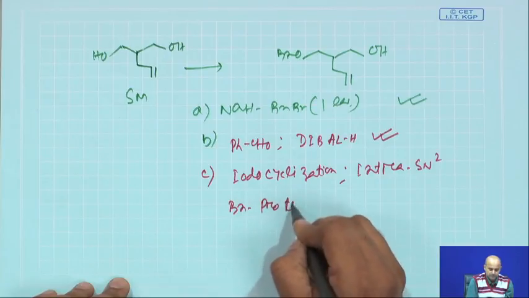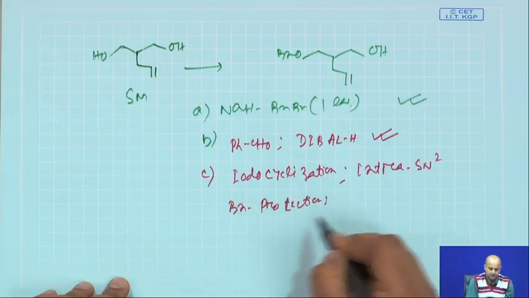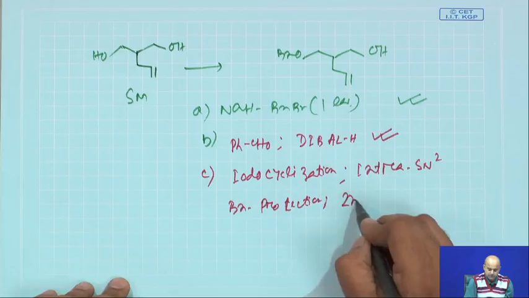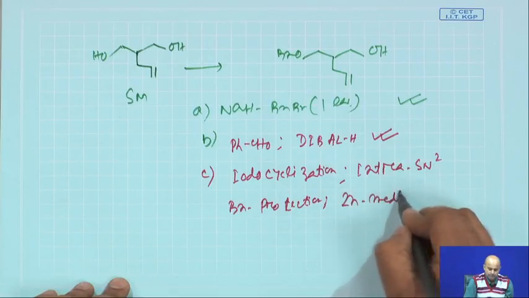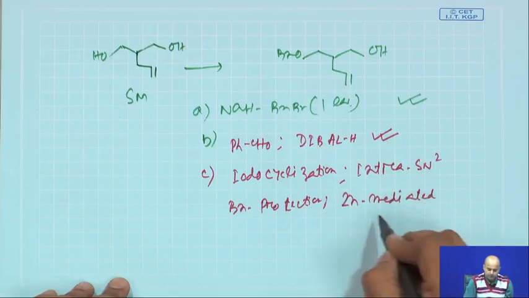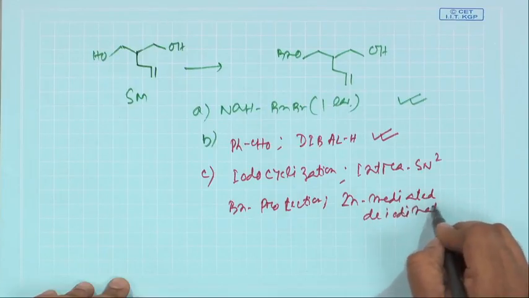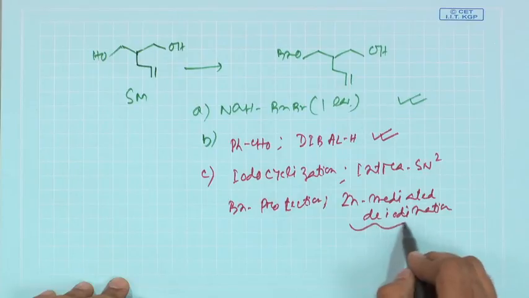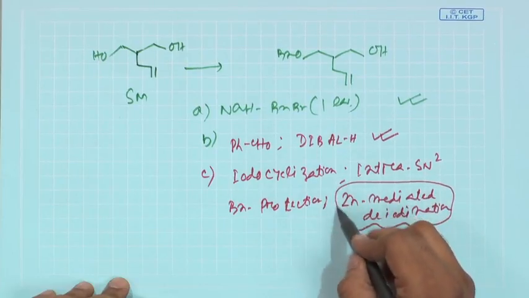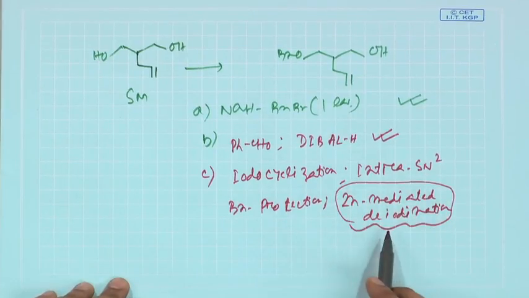So, this part is simple. Then we do a zinc mediated deiodination. So, this, the fourth reaction, probably is the most crucial reaction which gives you the product.